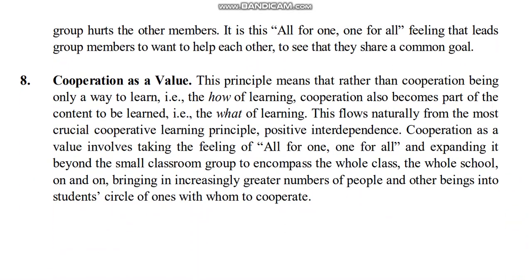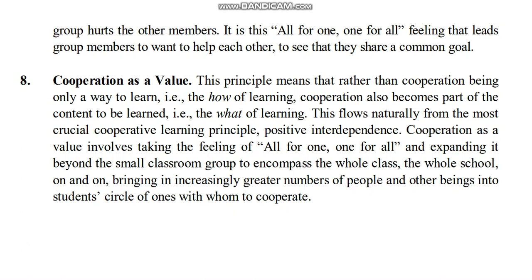Next, we have the last point, cooperation as a value. This principle means that rather than cooperation being only a way to learn, for example the how of learning, cooperation also becomes part of the content to be learned, for example the what of learning. This flows naturally from the previous cooperative learning principles, especially positive interdependence.